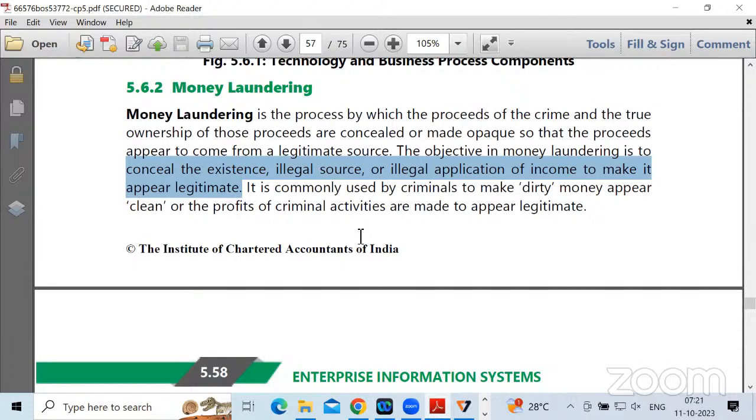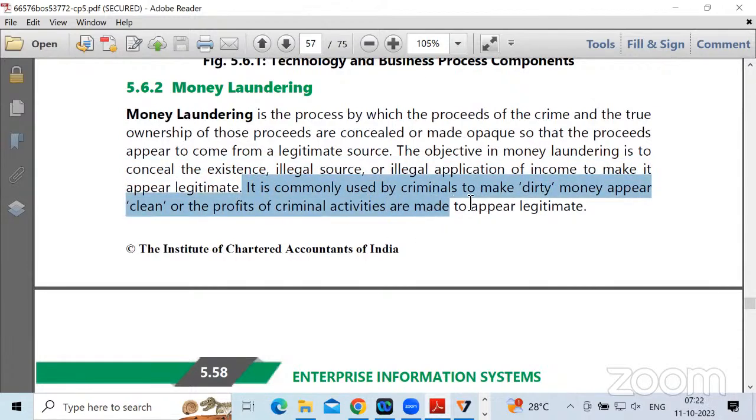Though you are paying a little amount of income tax, you are converting your dirty money into white money. So this is the process of money laundering. You will pay capital gain tax, or sometimes you will apply the exemption procedures, and you make this dirty money, or illegal money, into legal money.